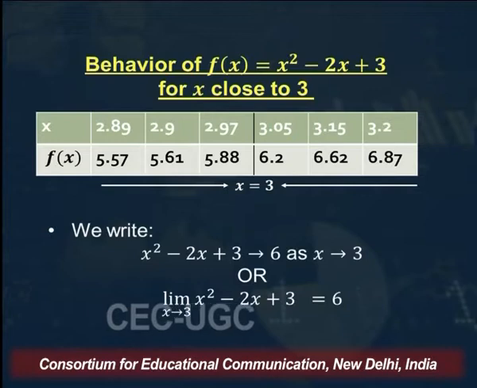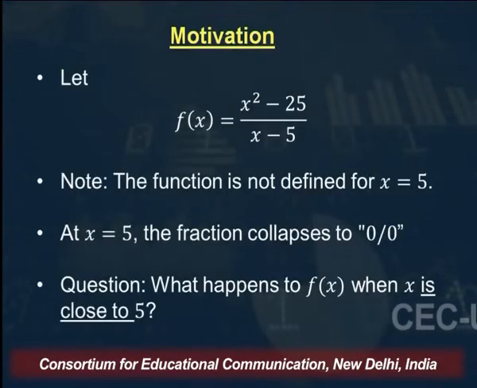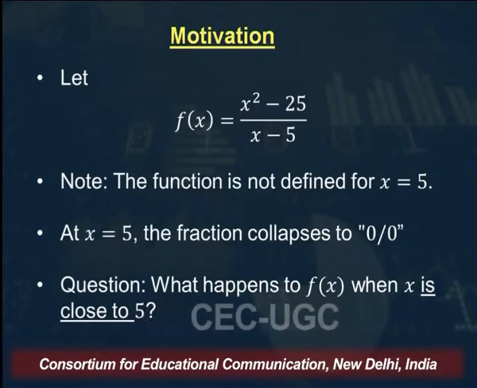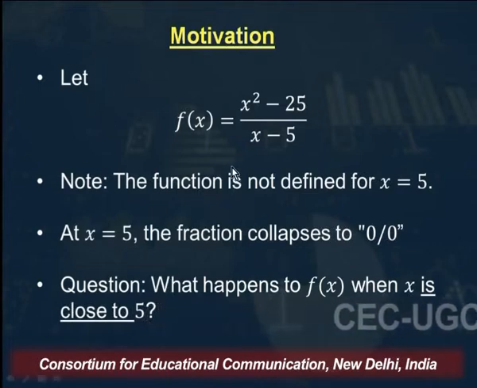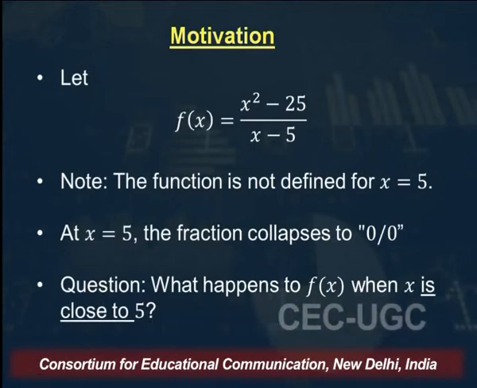So here, this example that I have on the next slide gives a different flavor to things, which is to say that here you have a function which is x squared minus 25 divided by x minus 5, which you can see is actually not defined for x equal to 5. So here there's a slight twist to the problem.